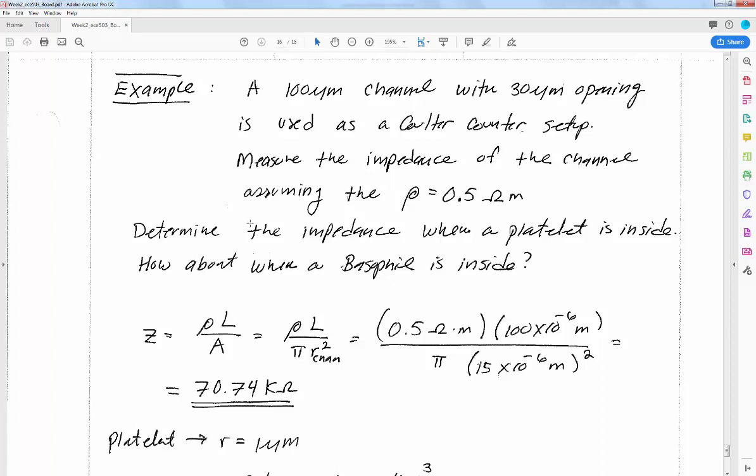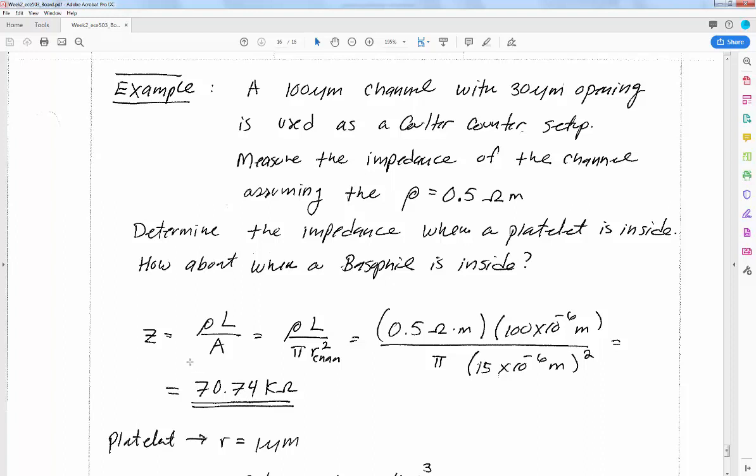To start this off, you know off the bat that the impedance is equal to rho times L over A. Because we're dealing with a cylinder in this case, since I didn't tell you otherwise, A is just pi r squared with the channel radius. And if you calculate that out, the base impedance is going to be 70.74 kilo ohms.